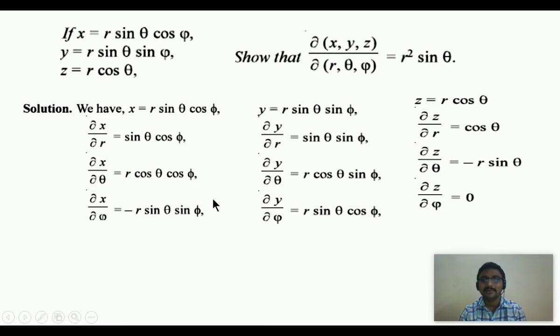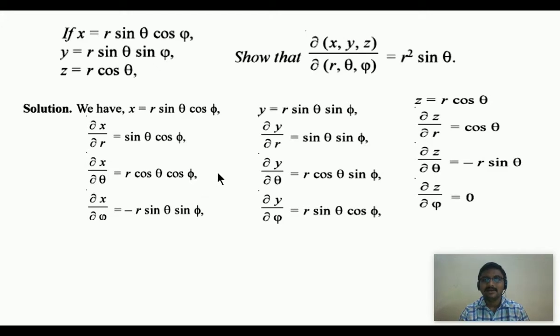Just we have to know the partial derivative with respect to r is 1. Sin theta derivative with respect to theta is cos theta, cos theta derivative with respect to theta is minus sin theta. Sin phi derivative with respect to phi is cos phi, cos phi derivative with respect to phi is minus sin phi.